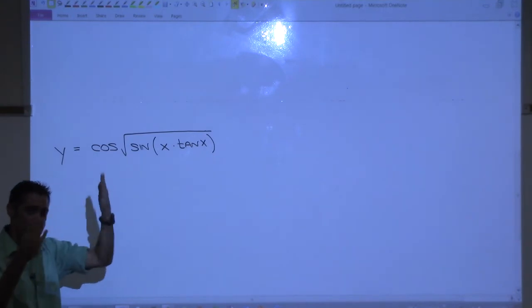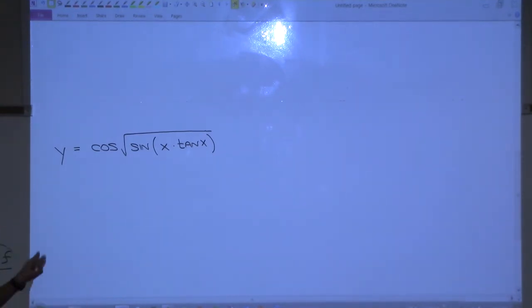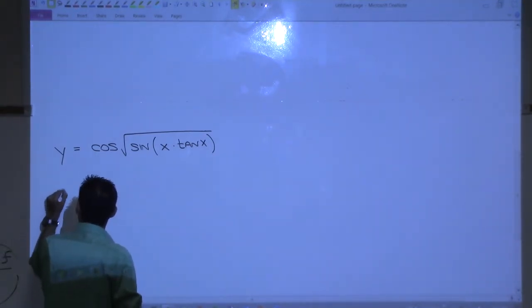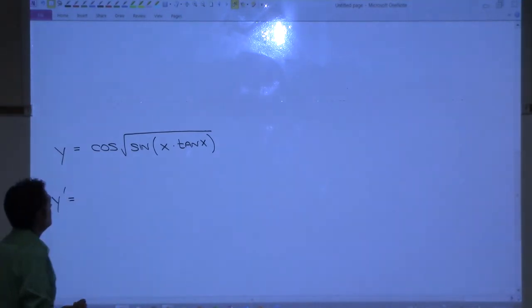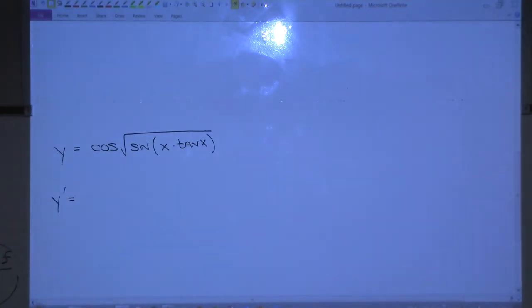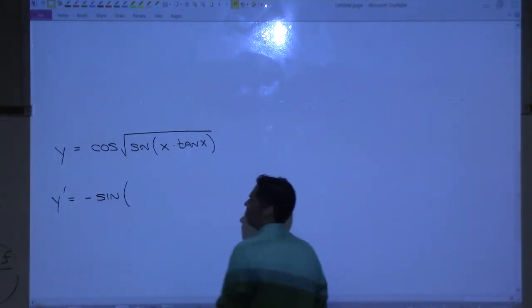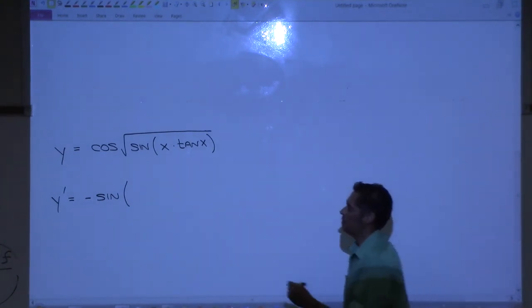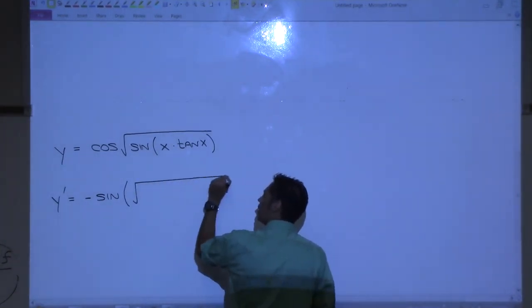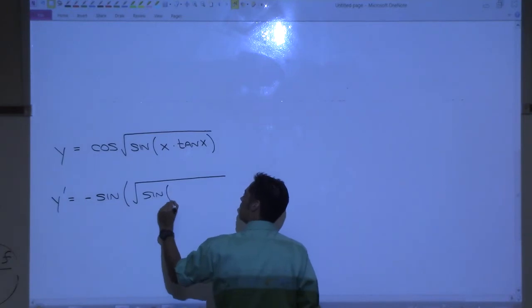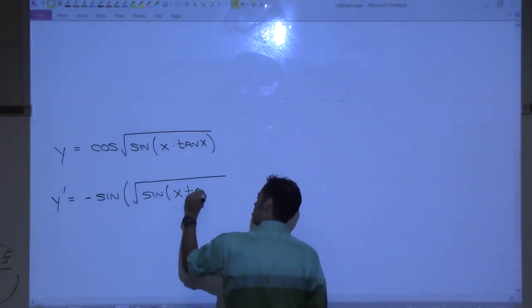Okay, so let's start from the outside and work our way in, right? Start taking the derivative. So I'll let you get the first layer. Negative sine of what? Square root of sine of x tangent x.